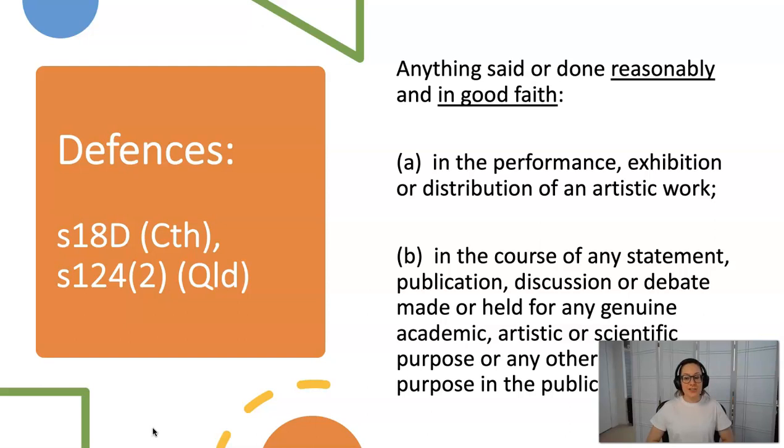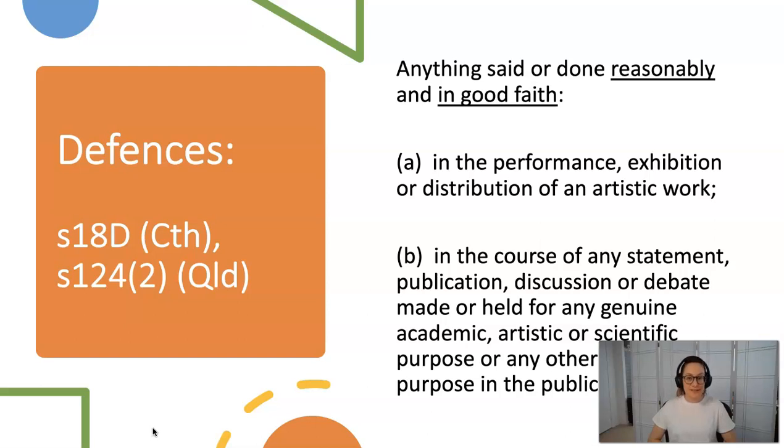So you can imagine, for example, in a play, it might be necessary for the characters to say hateful things relating to the character and for the reasons of the story within the play. Then so long as that is done reasonably and in good faith, there may be a defense.